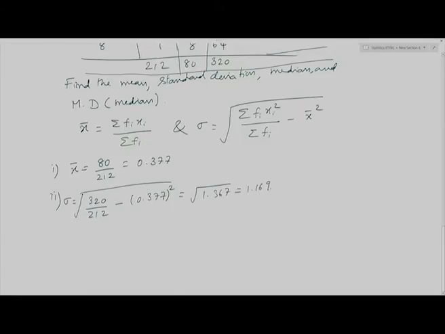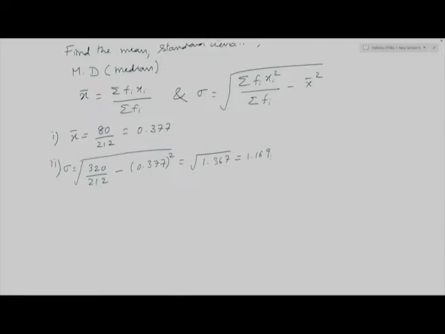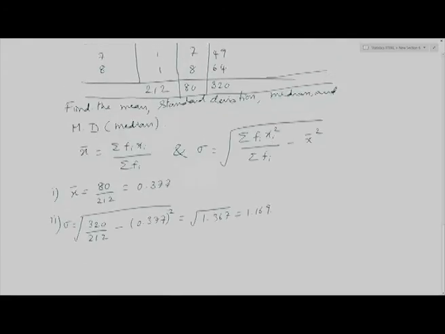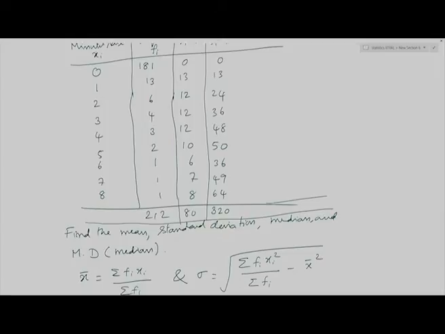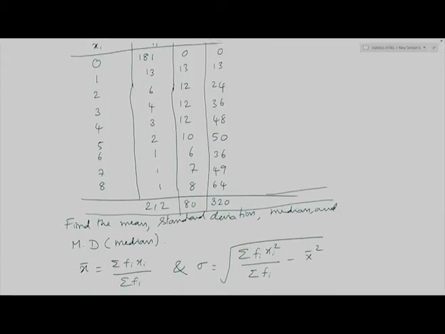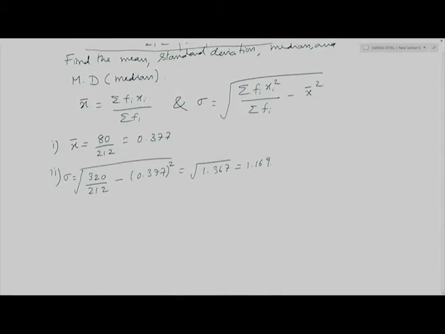Okay. So we can compute this mean and sigma just from the formula straight away. And now if you look at the median, there are totally 212 employees here, and the median is the middle of the data, which is somewhere around the 106th and 107th observation.